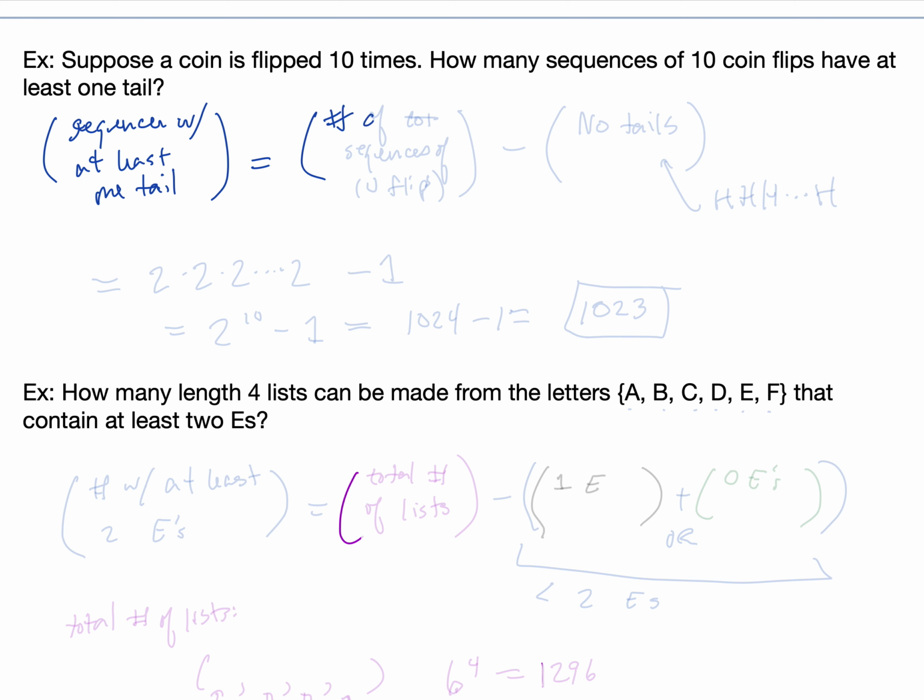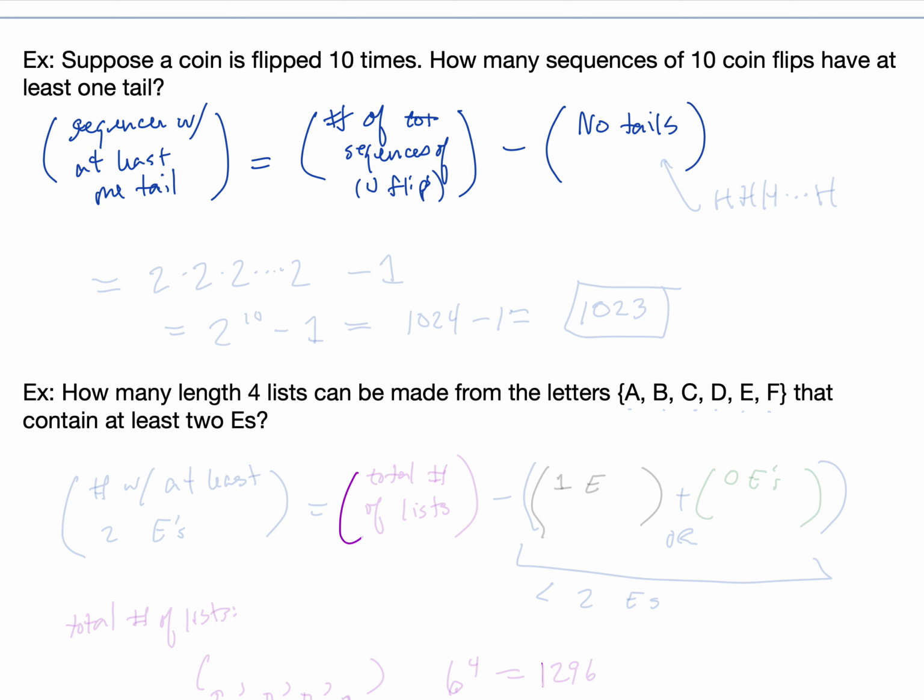This is the number of sequences of 10 flips. And then what do we want to subtract away? We want to subtract away all sequences in which there is not at least one tail. In other words, there are no tails. So sequences with no tails.